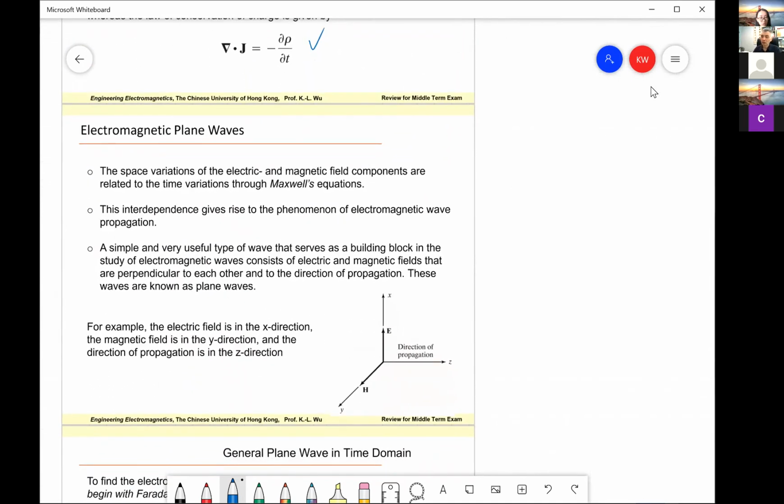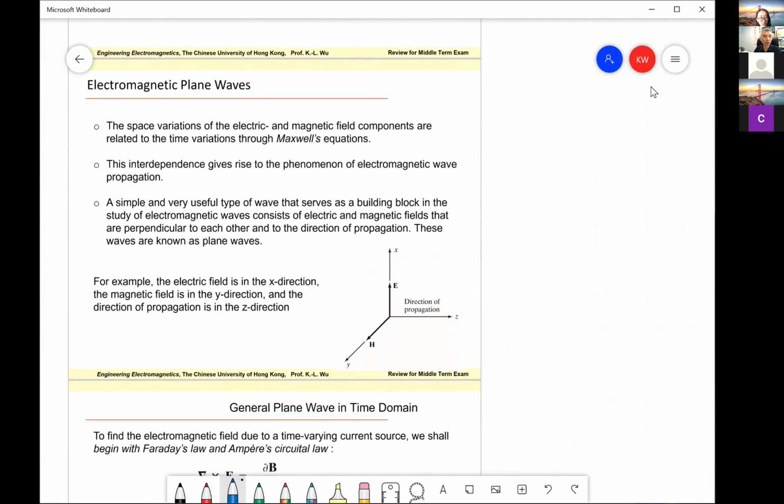Now we're talking about more practical use of Maxwell equations. The most simple solution of Maxwell equations is in a source-free region, that means the field location doesn't have any source.